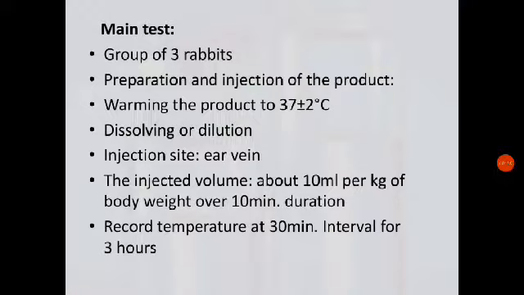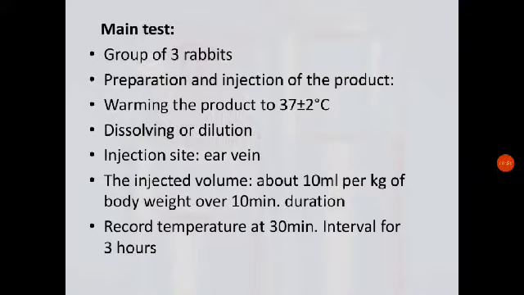So the main test is performed in groups, initially in a group of 3, and similarly the product is injected into the marginal ear vein. Before that, the product is warmed to 37 degrees centigrade, and if required, it is diluted and injected into the ear vein.